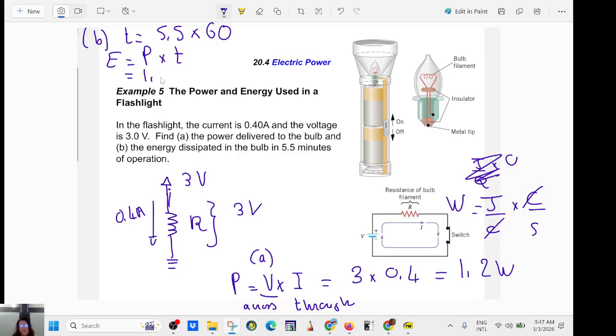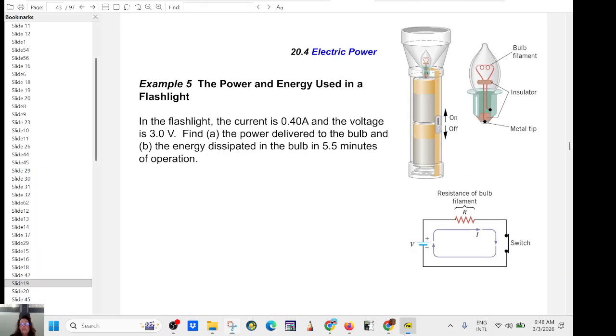So that's going to be 1.2 times 5.5 times 60, which is 396 joules. Okay? It's very simple. Once you understand the concept, that's not that hard. Any question?